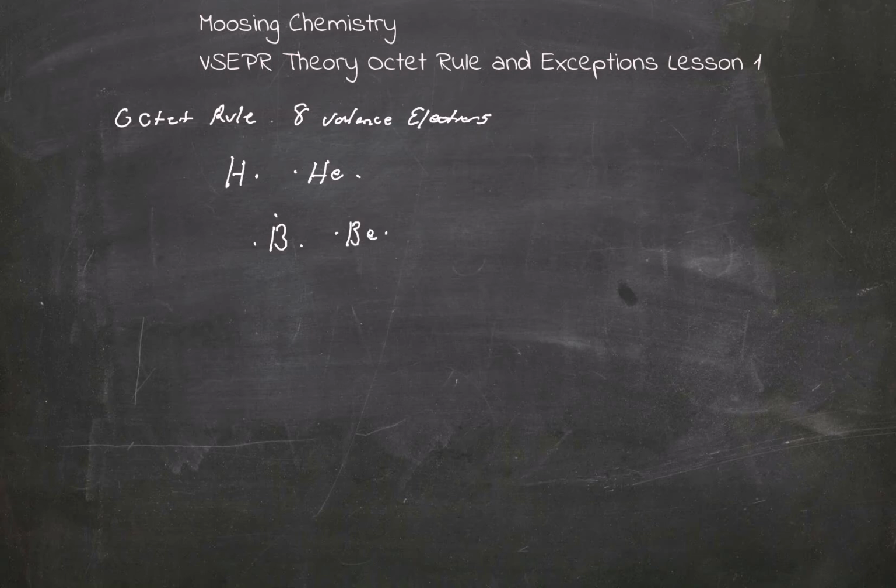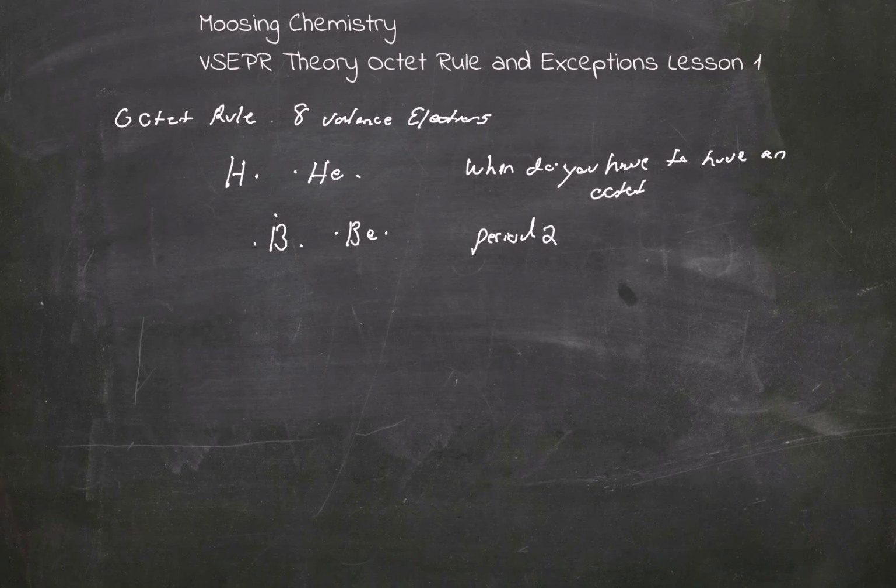So here's the general rule. When do you have to have the octet? So let me write that down. When do you have to have an octet? Which elements basically? Well, think about period 2.